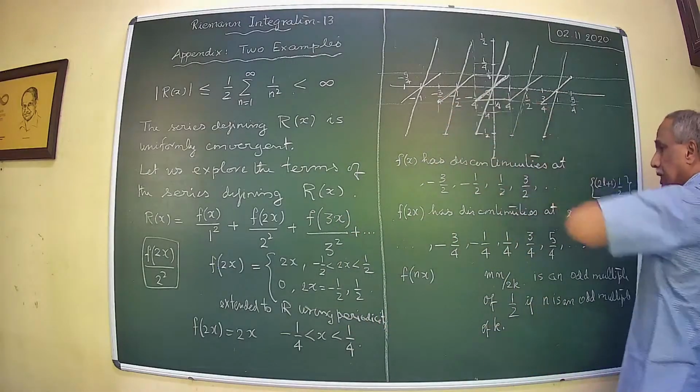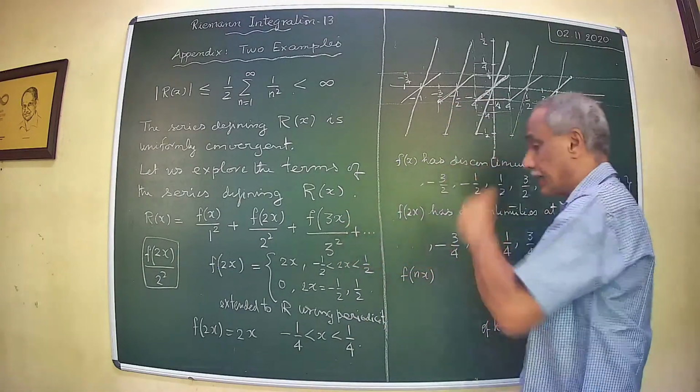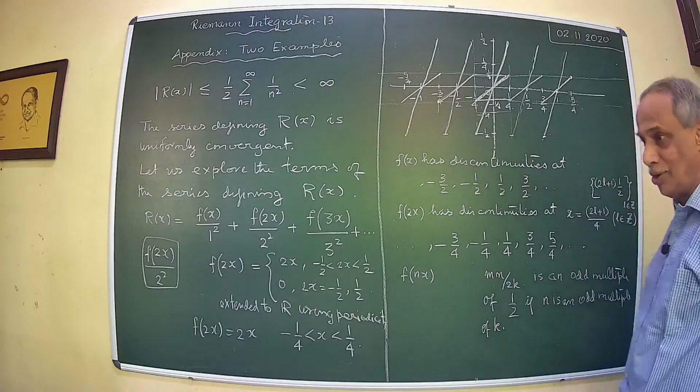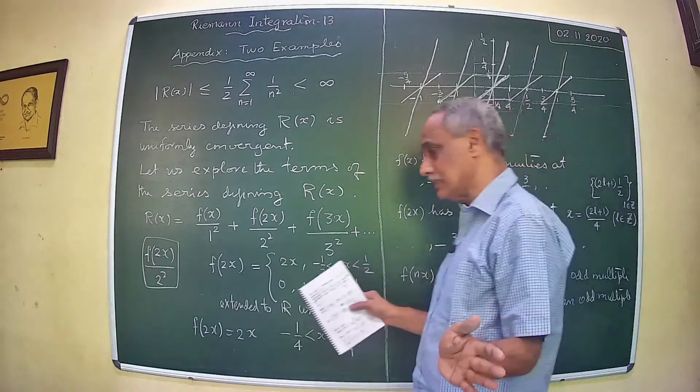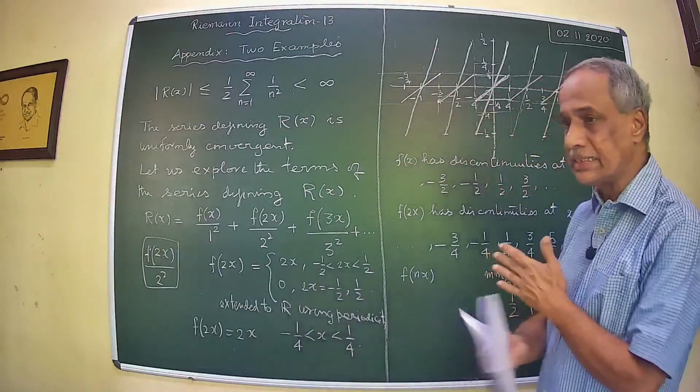So you see that the discontinuities of R are actually spreading all around, and it spreads to a dense subset.